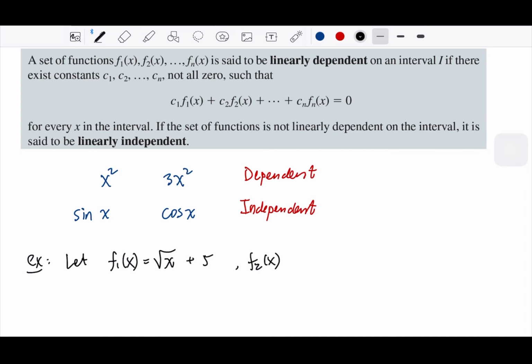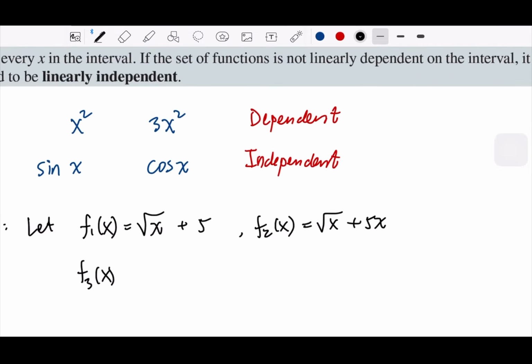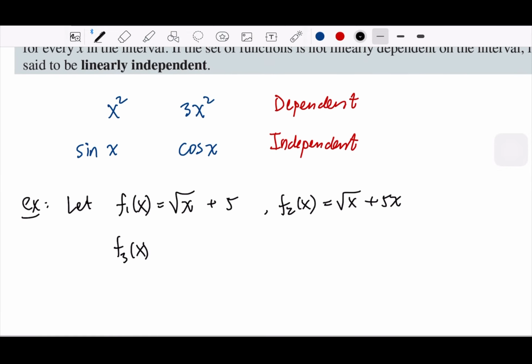Function 2 is square root of x plus 5x. And then function 3 is x minus 1. Function 4 is x squared.